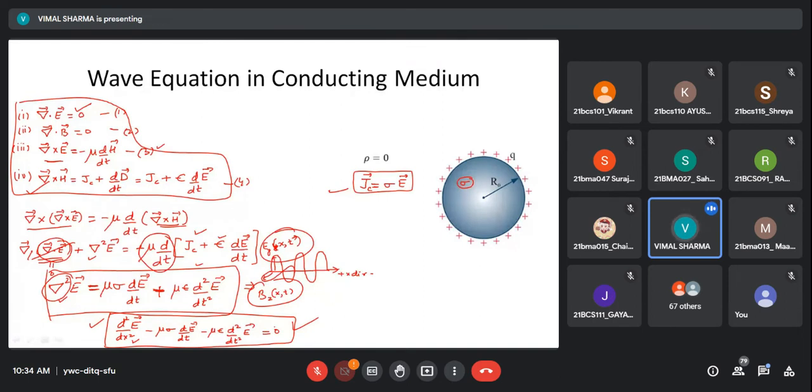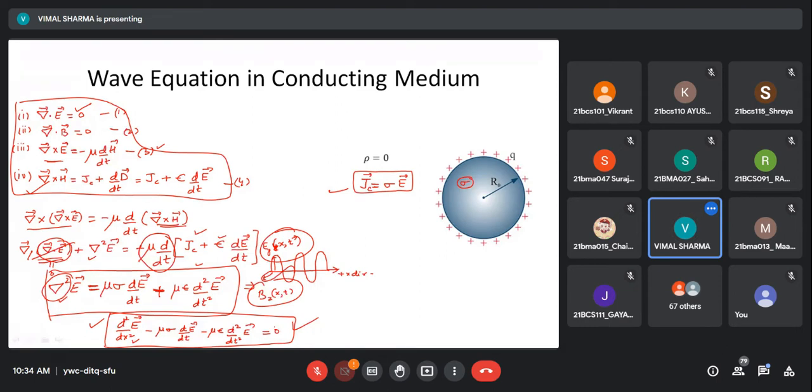Similarly, we'll do more analysis of this. We'll see how this is propagating and what is happening to this electromagnetic wave when it is propagating in a conducting medium. But before that, let me write another wave equation for the other component of the electromagnetic wave, that is the H component, or B component.